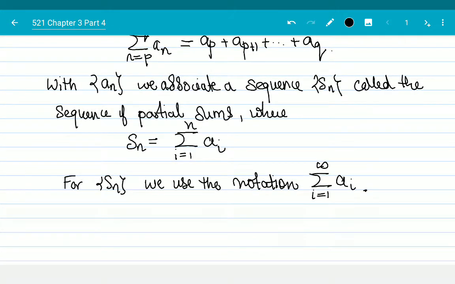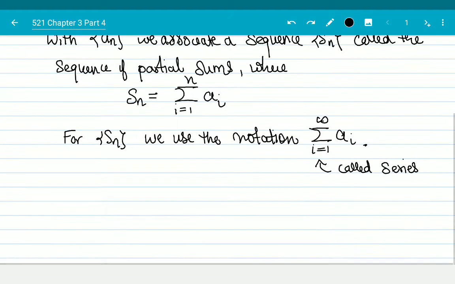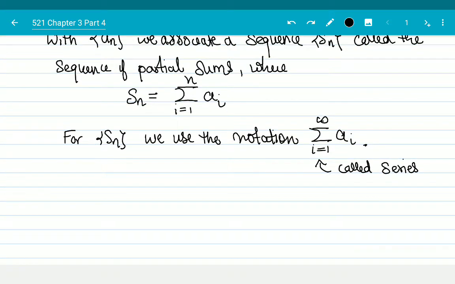The final one is called a series, and it's generally an infinite sum, or so it's called an infinite series, or generally just a series. Sn are called partial sums. And the sequence of Sn is called the sequence of partial sums.